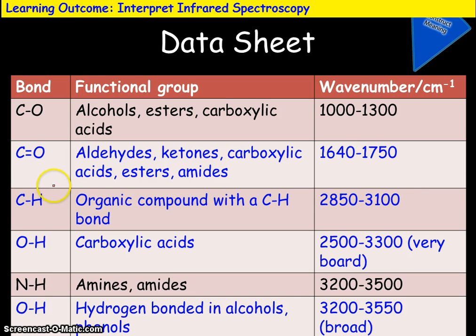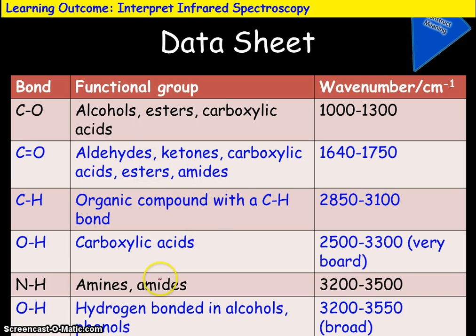All organic molecules will have a peak at around about 3,000 that corresponds to a CH bond. Then if we've got just an alcohol, then we would get a broad peak at about 3,300. It covers quite a broad range, and that would correspond to an alcohol. You could have a carbonyl group, and that would correspond to a bond vibration of around about 1,700.